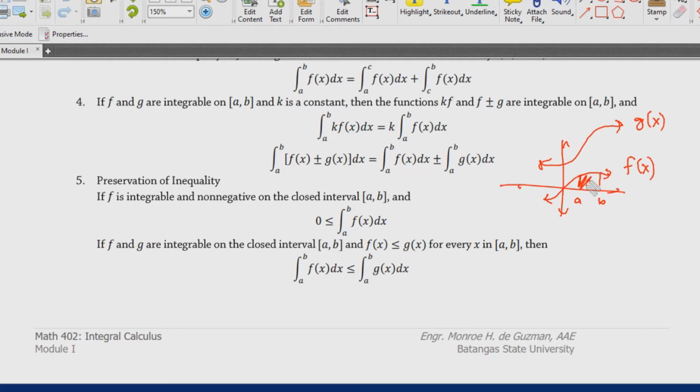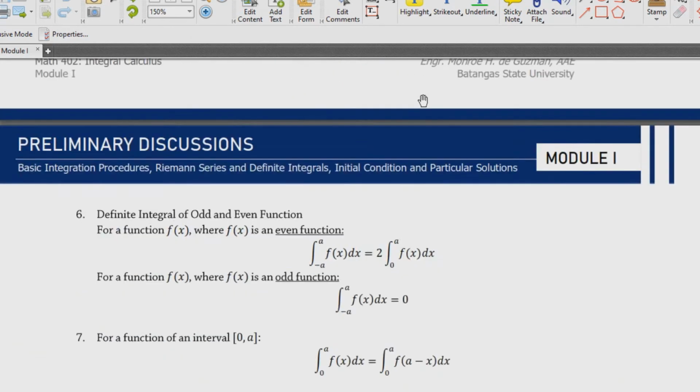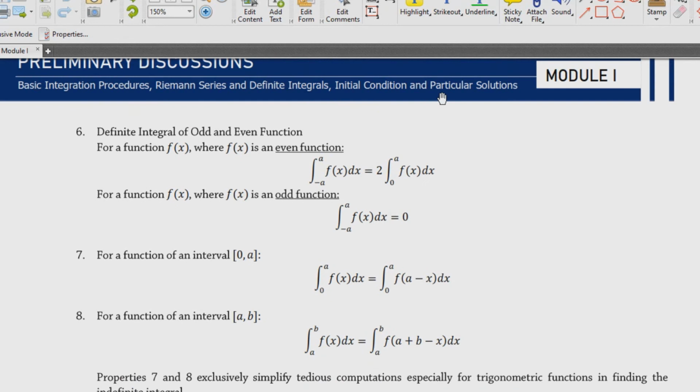So therefore, yung area lang nito is itong portion na to. But if you try to take ab dito sa g of x, diba, this whole area would be its domain. So that means na mas mataas yung makukuha mo laging value for g of x as compared to your f of x. Okay, so now let's head to the last three properties.